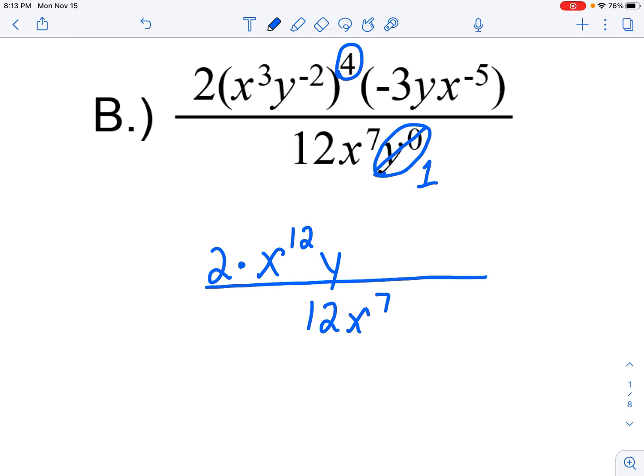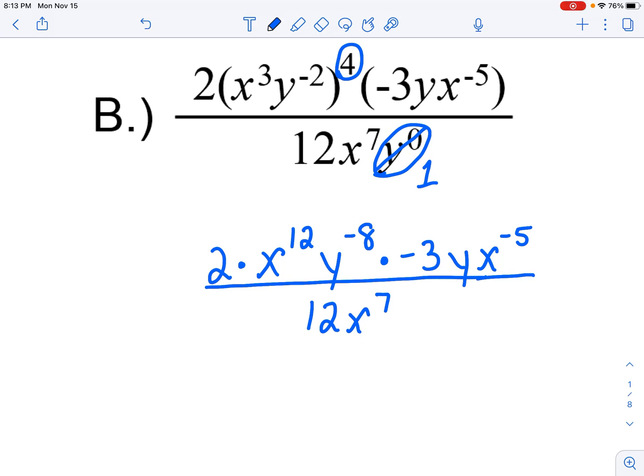Y to the negative 2 to the 4, multiply those exponents to get negative 8. And the next I've got negative 3, y, x to the negative 5th. Make my line a little bigger here. Okay. So I've gotten rid of all the parentheses up top by distributing in one exponent and then just dropping the other set. Now let's try to clean up as much as we can.